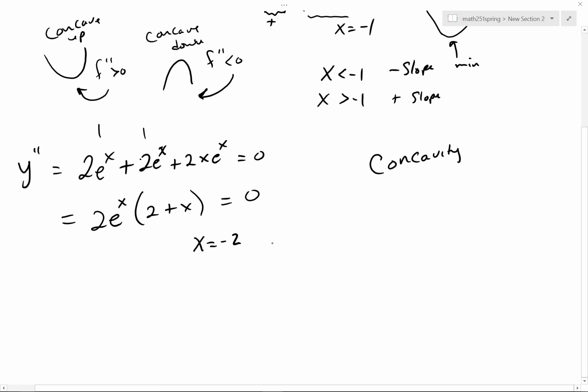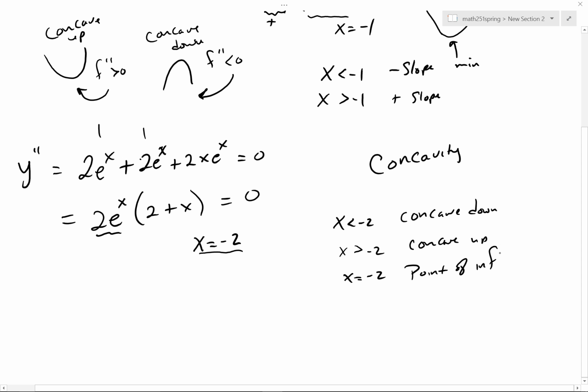That's cool. That probably means something. We're going to look at that in a few minutes. Again, this piece here is always positive, so when x is less than -2, we are concave down. And when x is greater than -2, we are concave up. And so when it's equal to 0, that is at -2, it is a point of inflection.